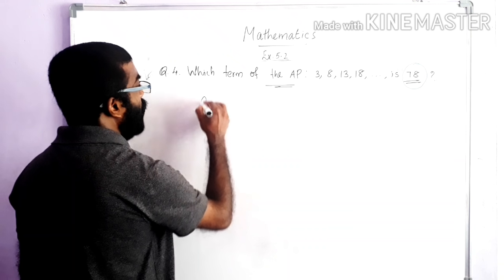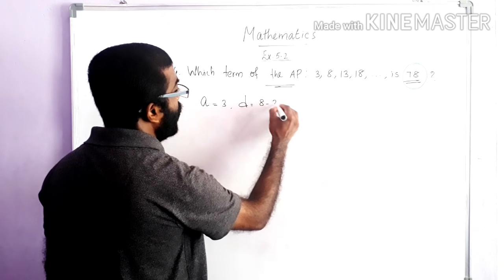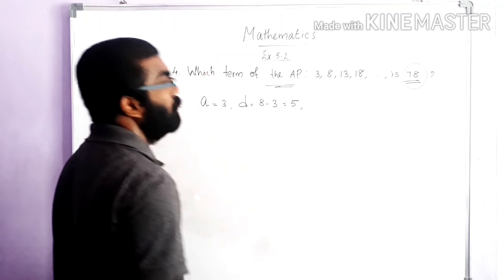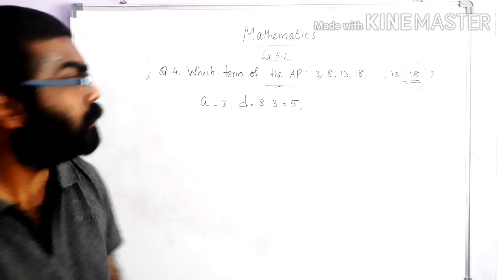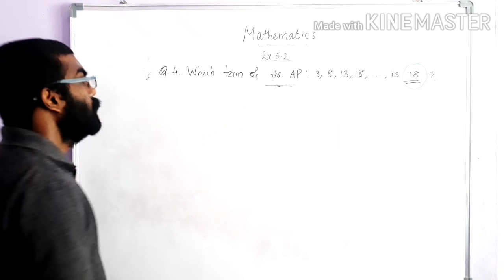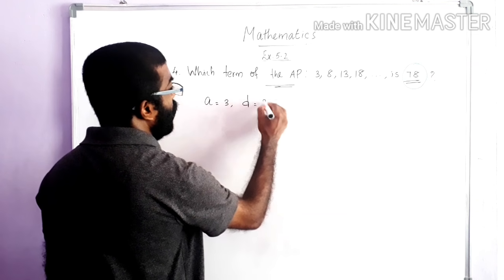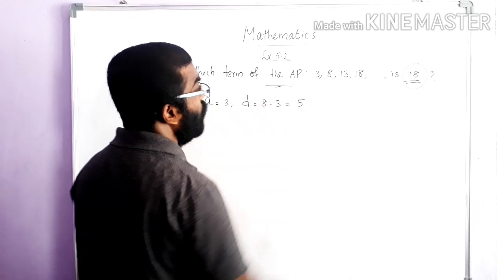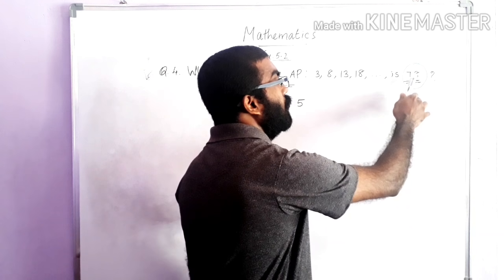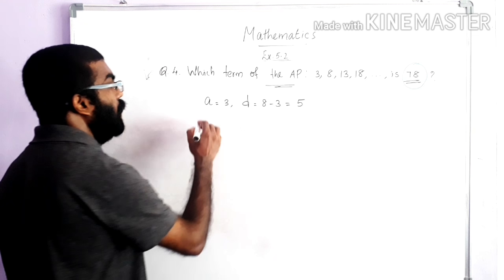So for that, first we can write the values of A and D. A is equal to 3, D is equal to 8 minus 3, which is equal to 5. And we have to find the value of n so that 78 will be a term of this arithmetic progression.